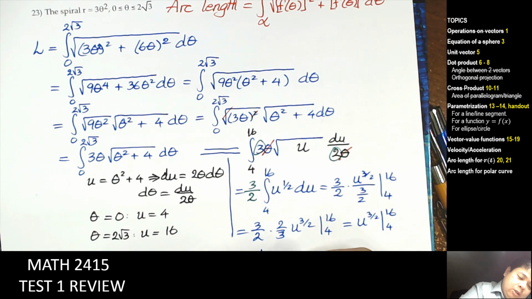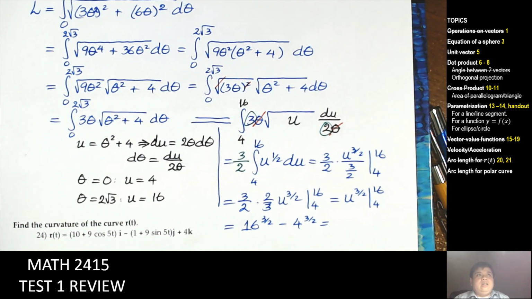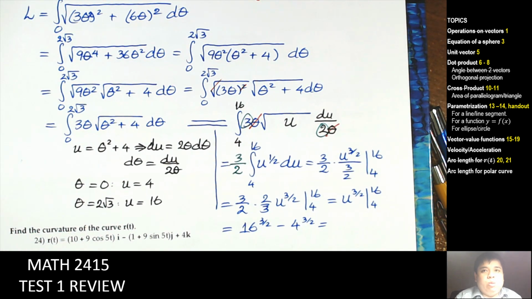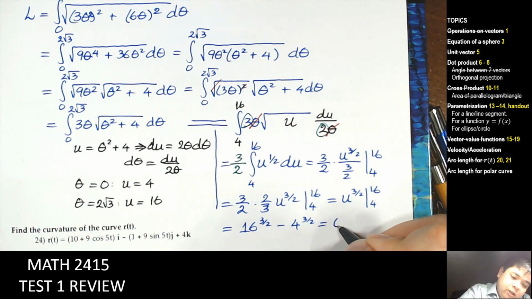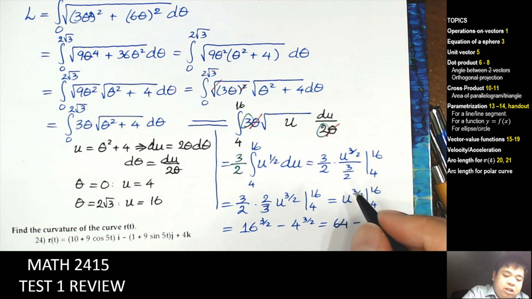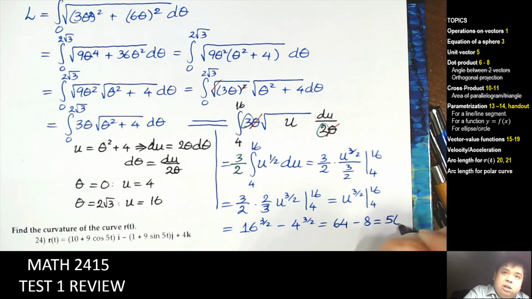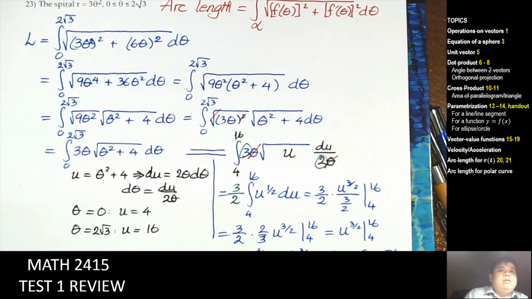So we have 16 to the 3/2 minus 4 to the 3/2. 16 to the 3/2 is like 4 cubed, so that is 64. 4 to the 3/2 is 8. So 64 minus 8, that's 56. So that's what we have.